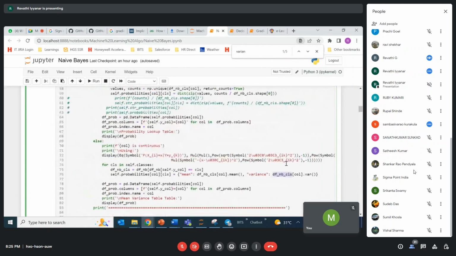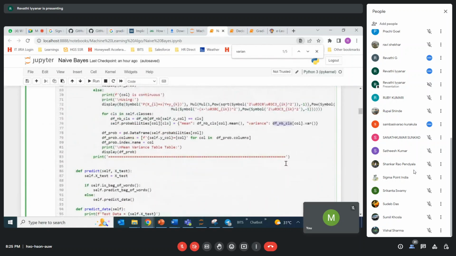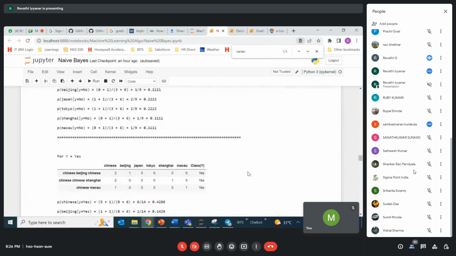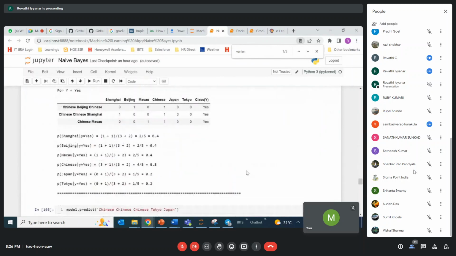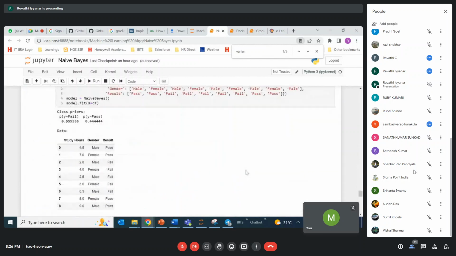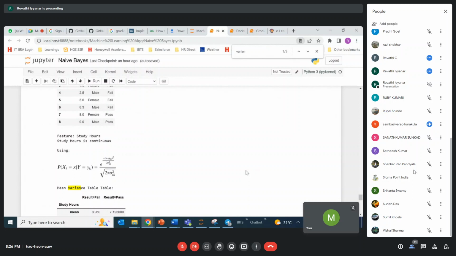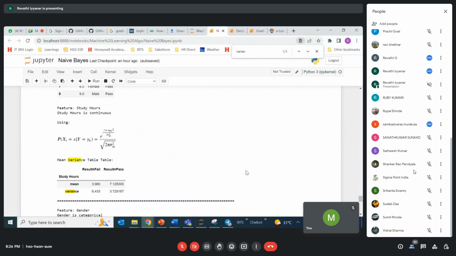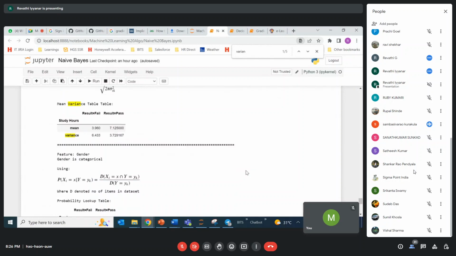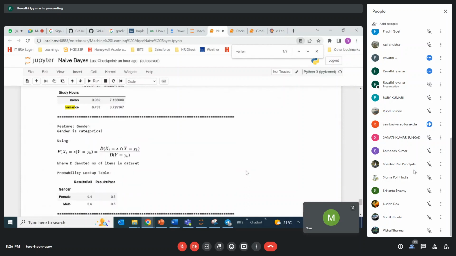I have one basic question in this example. How did he get this value for the probability of study hours 3.5 given y equals fail? How did he calculate that? In the end, there is a formula given here. We treat this as a normal distribution. For a normal distribution, we need to calculate the mean and variance, and the x value we need to put in the formula.